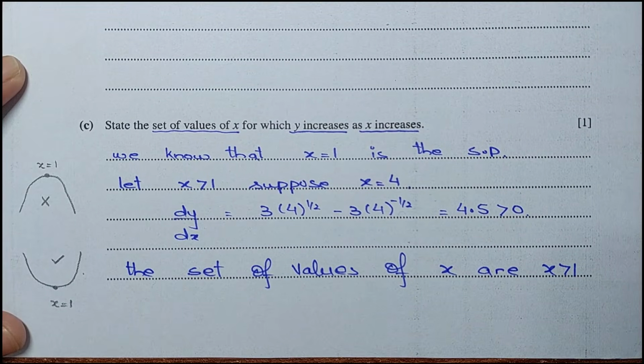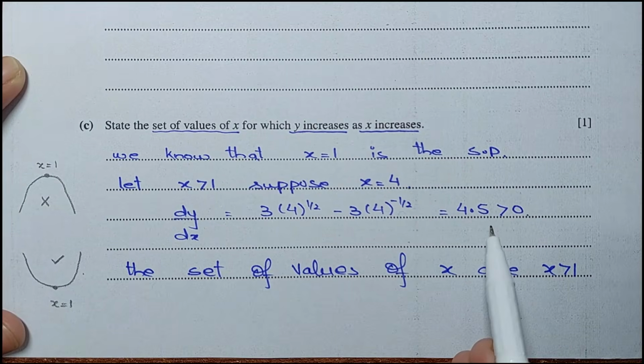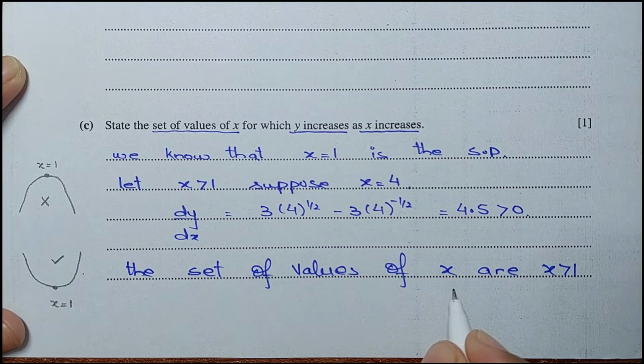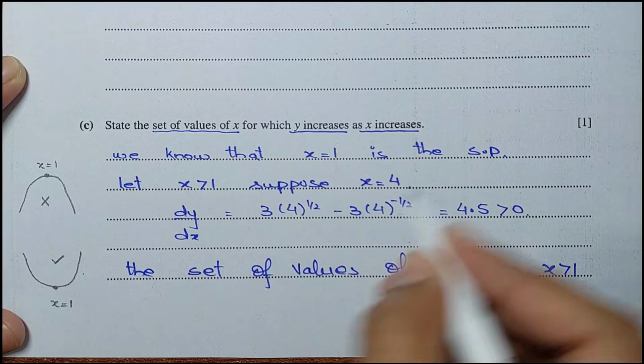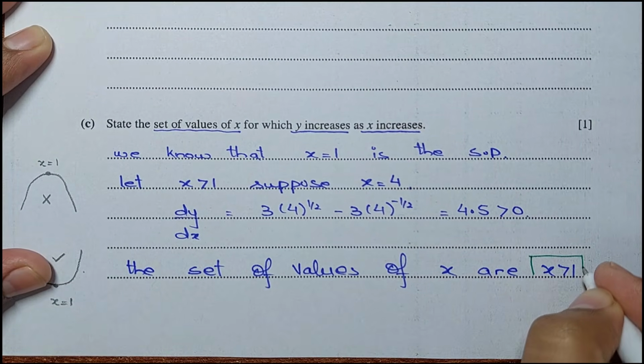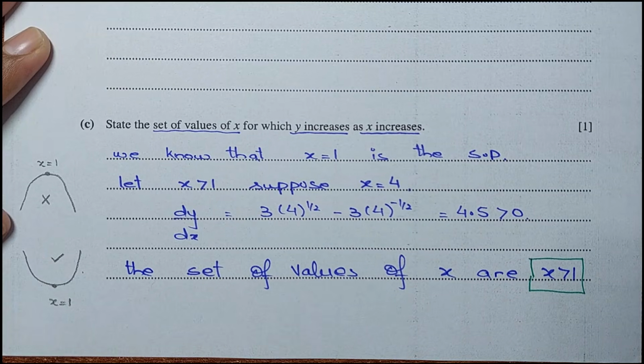And we know that when y increases as x increases, the first derivative should be greater than 0, so that should be an increasing function, right? So the set of values of x when y increases as x increases are x greater than 1, not less than 1, because for less than 1 it is decreasing.